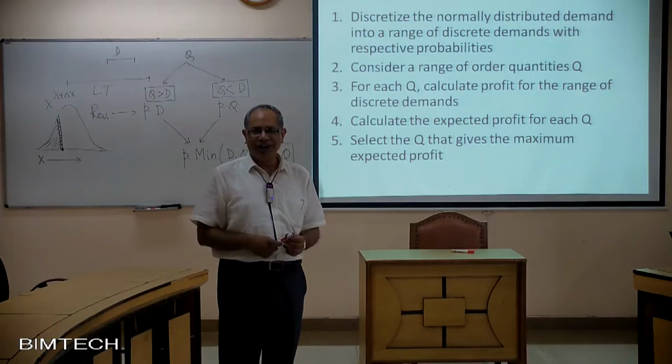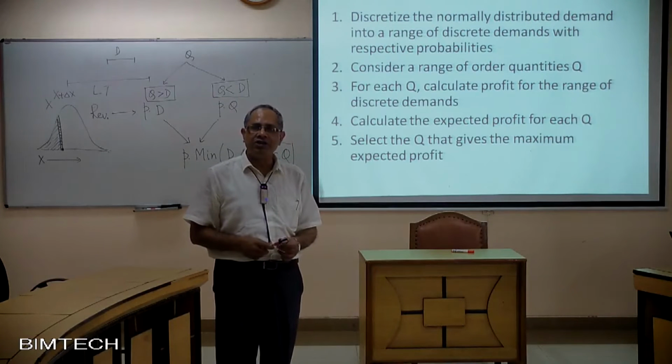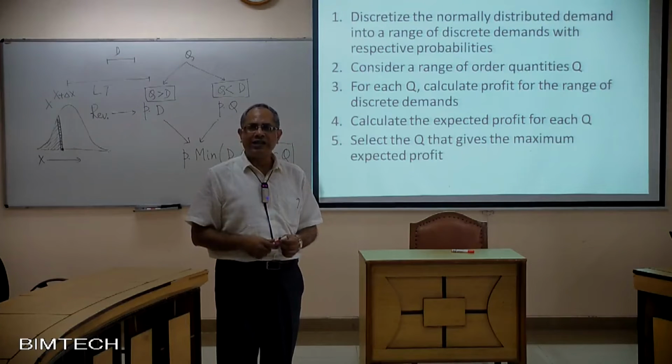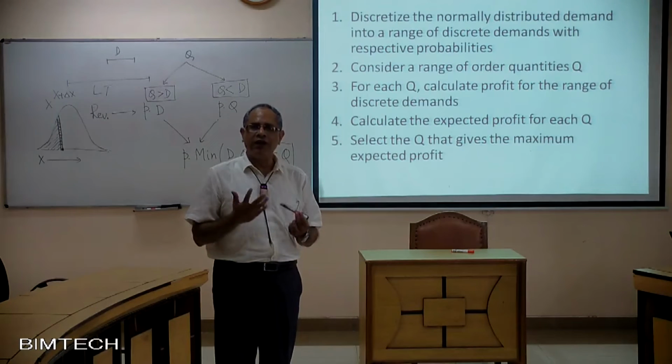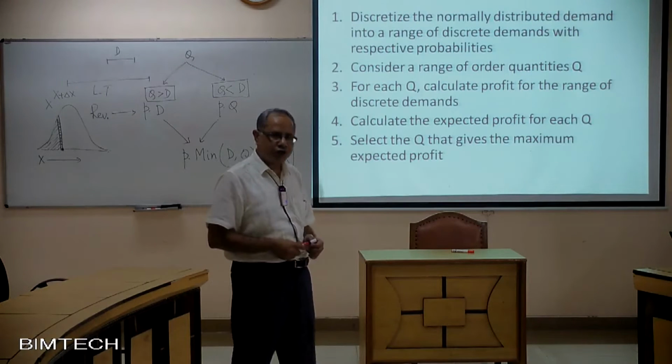It sounds maybe a little confusing right now, but I will solve the NFL replica jersey problem using exactly this method, and we will use Excel as a spreadsheet to help us. And once you go through that, I'm sure you will find it fairly simple. So here we go ahead with the solution.